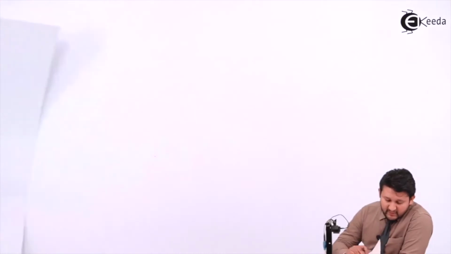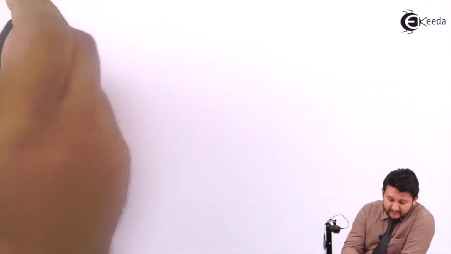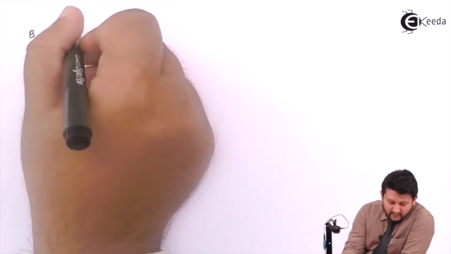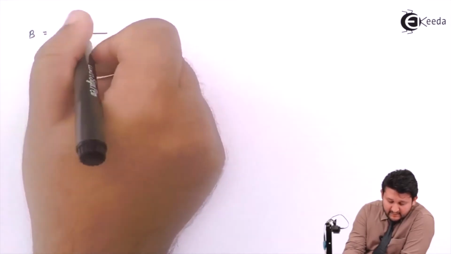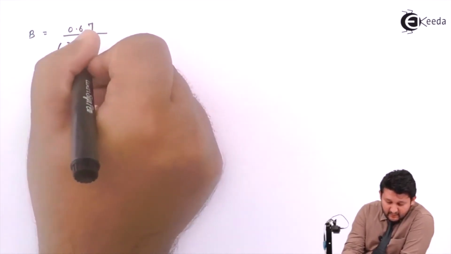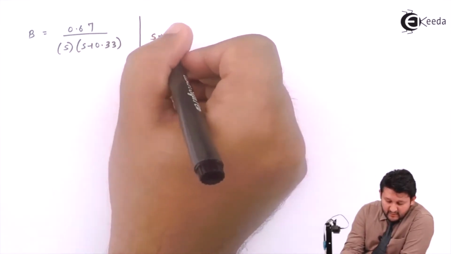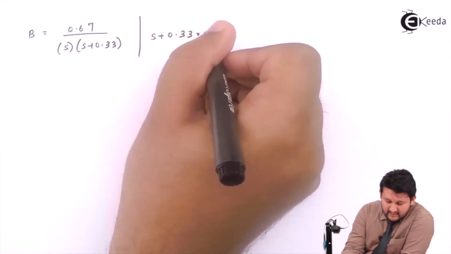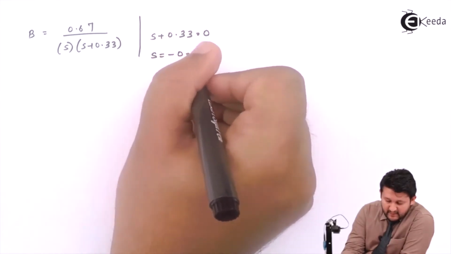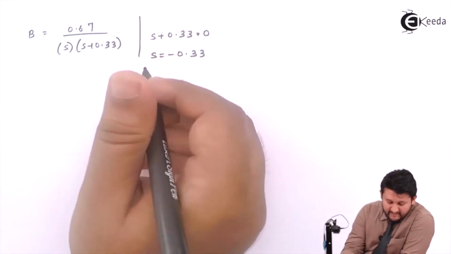The value for B which you get in this case: B is the whole function, 0.67 divided by s into (s plus 0.33). For B, take the denominator as 0, so s will be equal to minus 0.33.